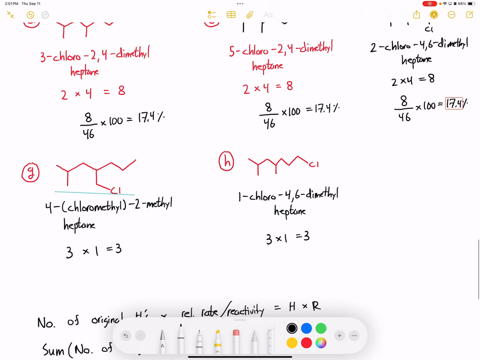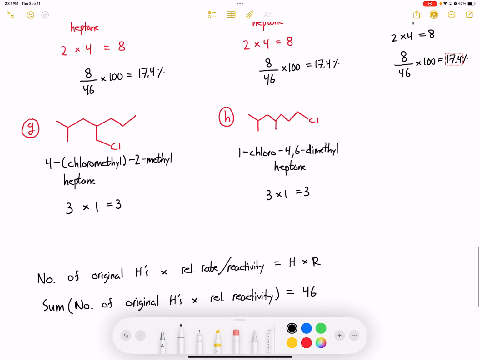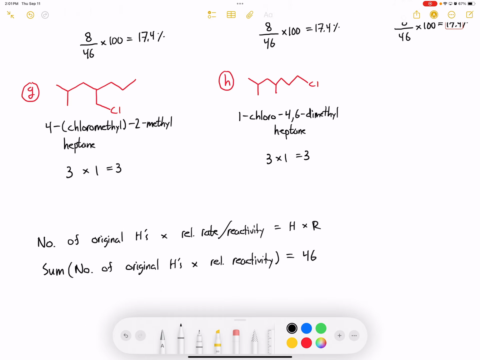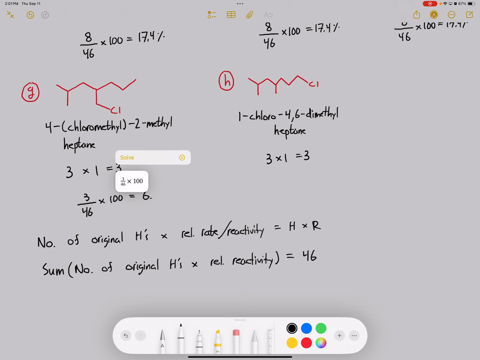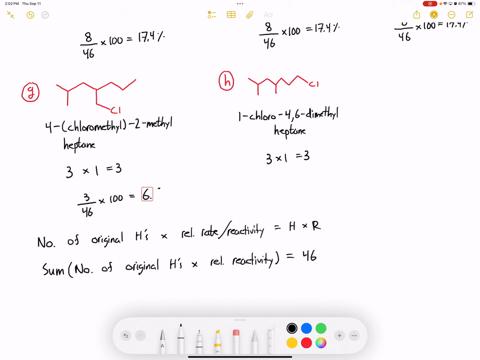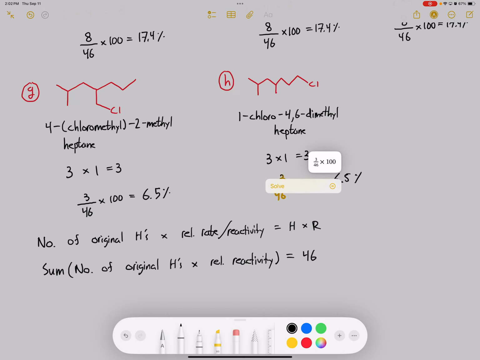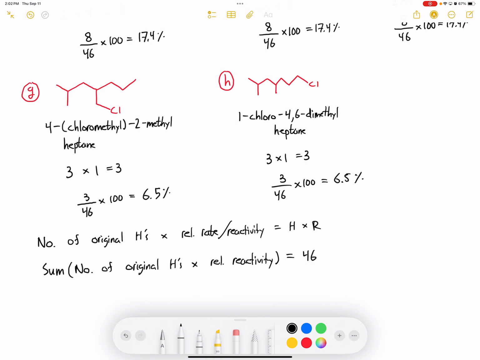All right, and then the last ones here, G and H, which have 3 out of 46. Sorry, G and H. Did I say G and F? 6.5%. All right, that's the percent yield for all these products.